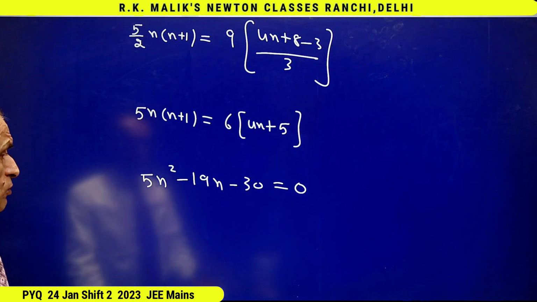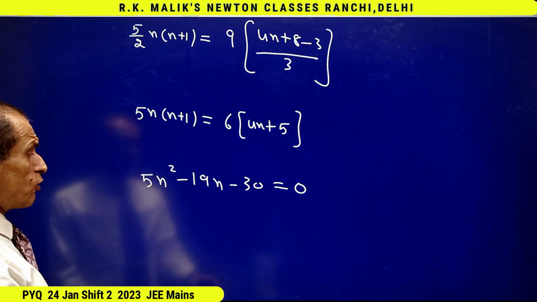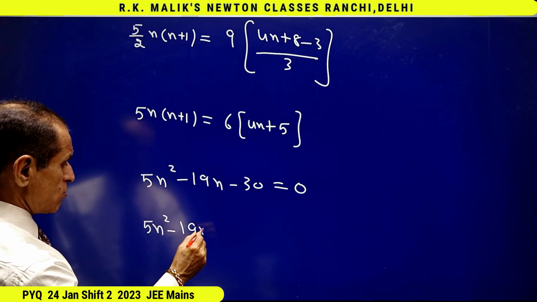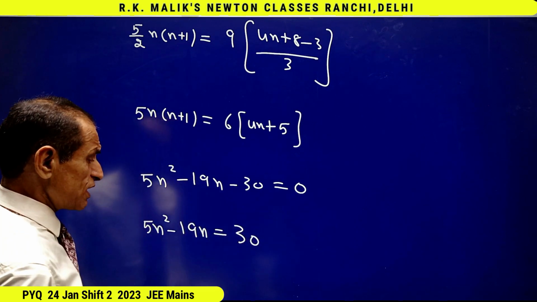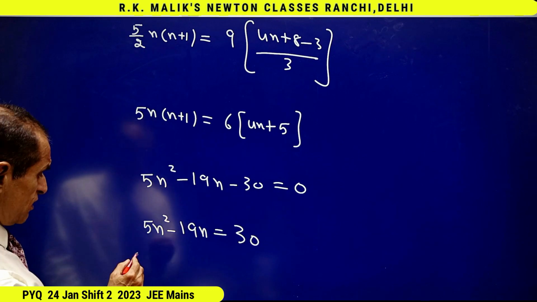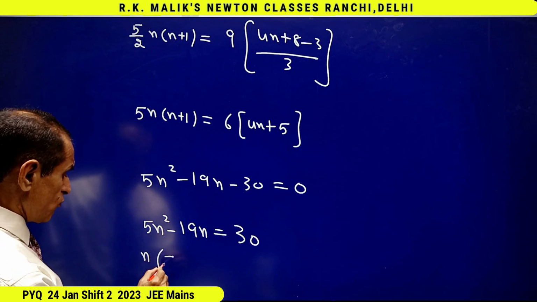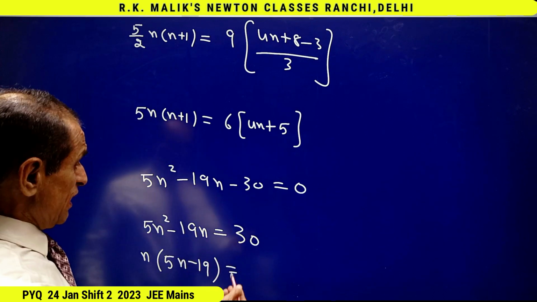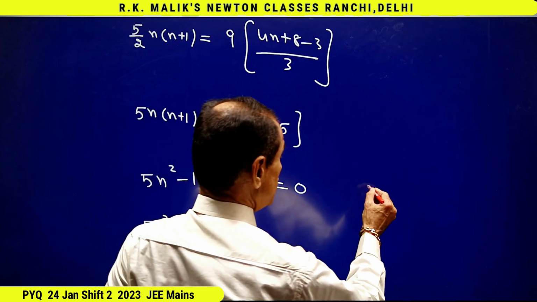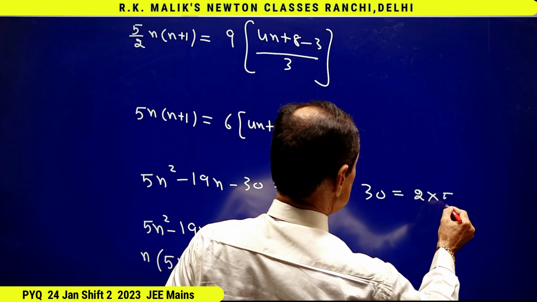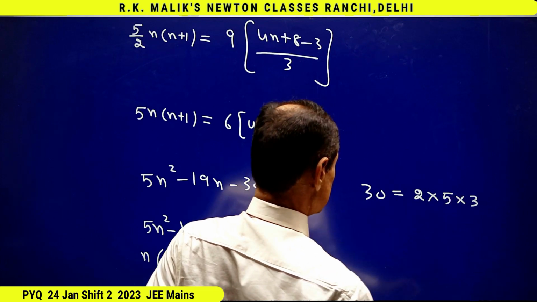See what I am going to do. Take the constant term on the right hand side. But note that this way is applicable only if n is given to us as a natural number or integer. And now it is clear that I can take n common: n into (5n minus 19) is equal to 30, and you know that 30 is equal to 2 into 5 into 3.